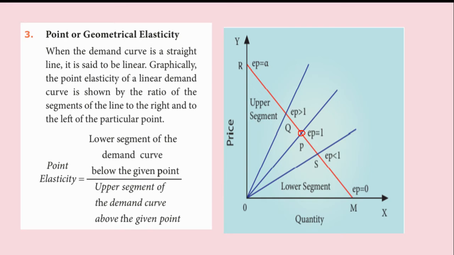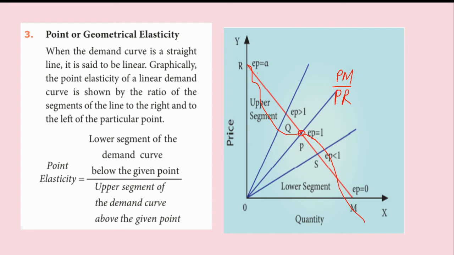The lower segment is from P to M, so PM. Divided by the upper segment, from P to R. So it is PR. So the elasticity is PM divided by PR.